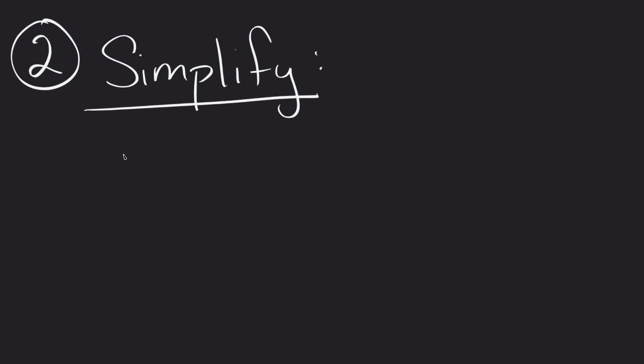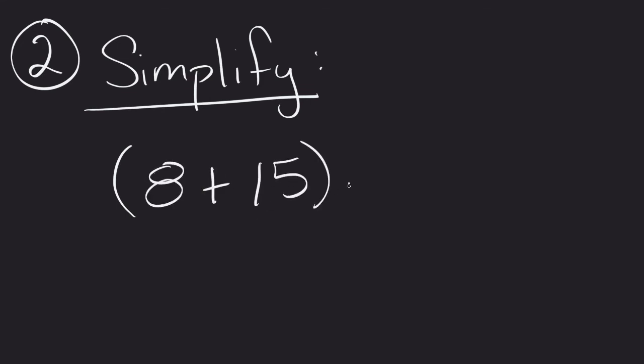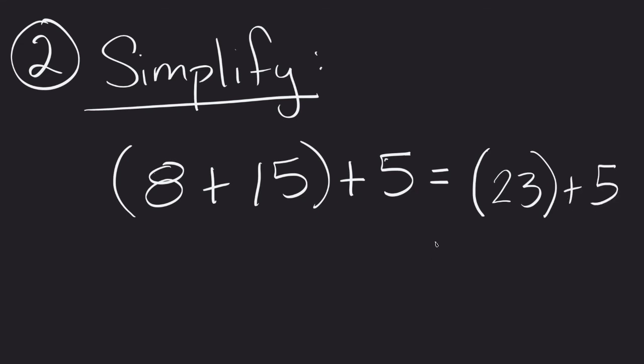Okay, and it might give me the group of, let's say, 8 plus 15, that quantity of 8 plus 15 plus, let's say, 5. Okay, well, if I do that, the way this works, it would turn out to be 8 plus 15, which is 23, and then 23 plus 5, which turns out to be 28.